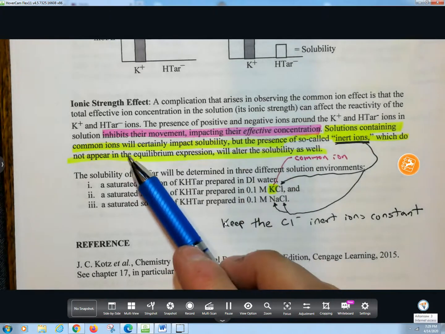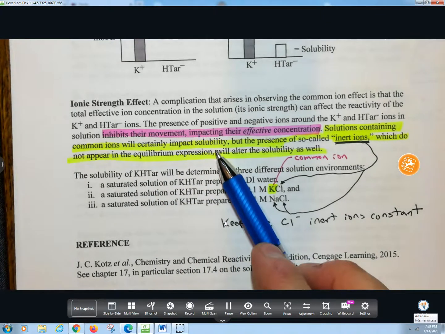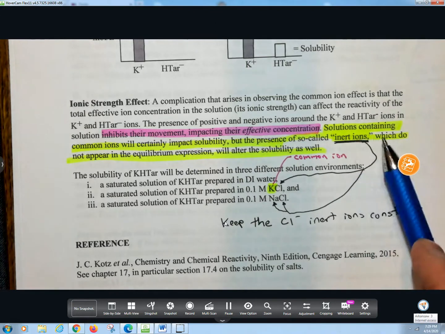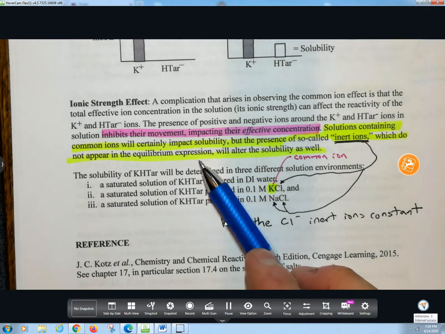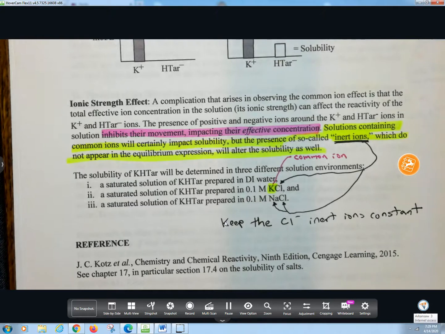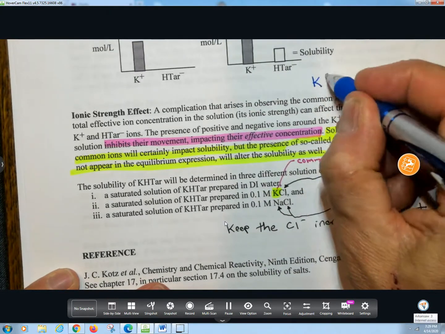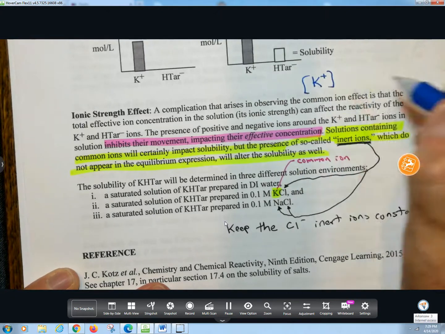Solutions containing common ions will certainly impact the solubility. We know that. But the presence of so-called inert ions, which do not appear in the equilibrium expression, will alter the solubility as well. So again, we're studying this Ksp.